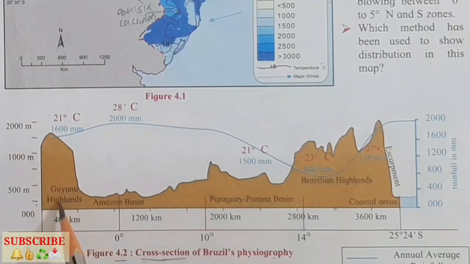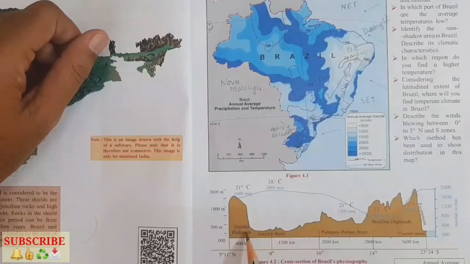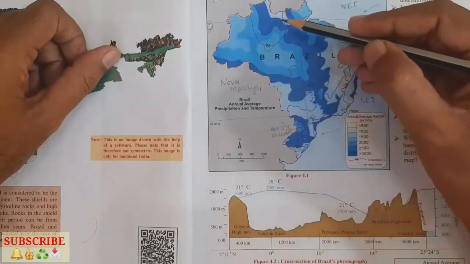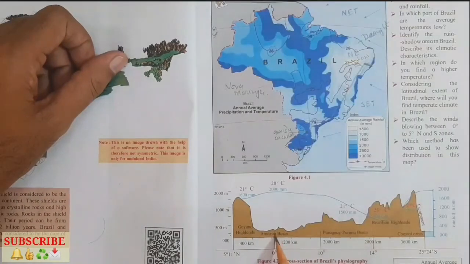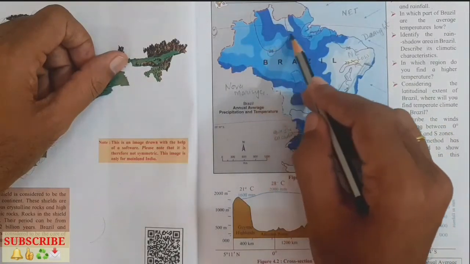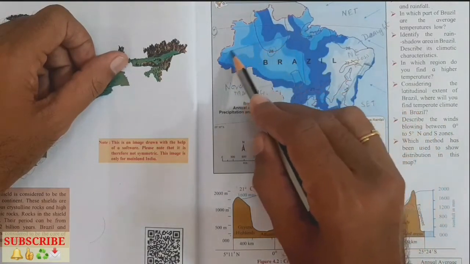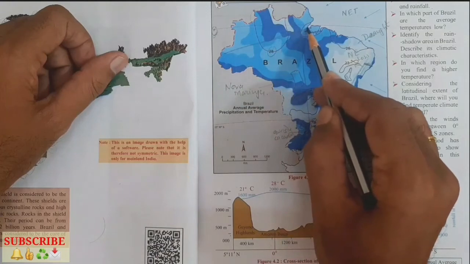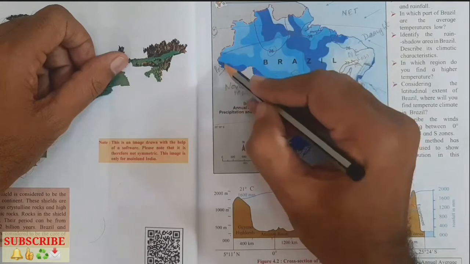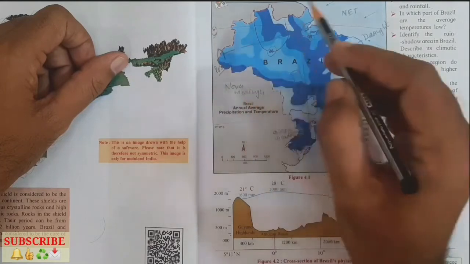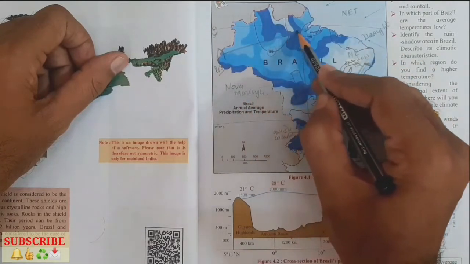Then here on the left hand side we can see the Guyana highlands. If we see this map, here we have the Guyana highlands. Then Amazon basin. This is the part of Amazon basin. So Amazon basin starts from the Andes mountain in Peru. Mount Andes is the source of the Amazon river.